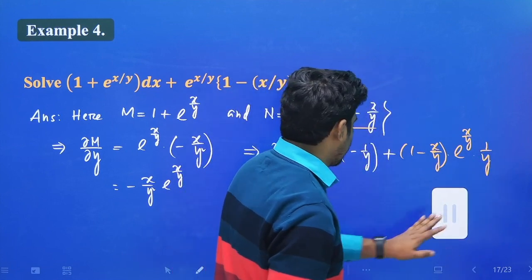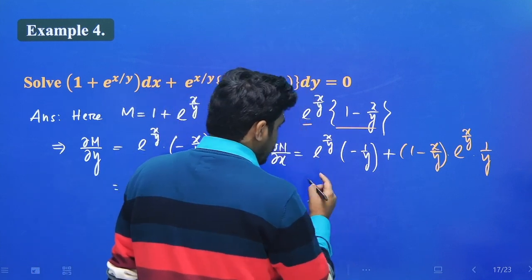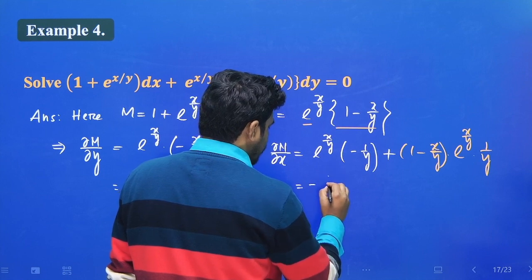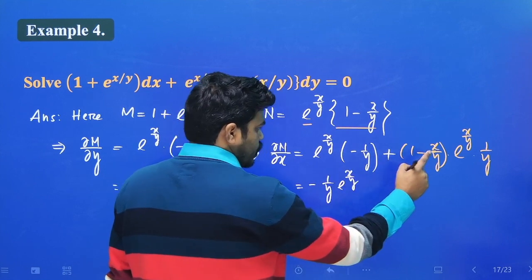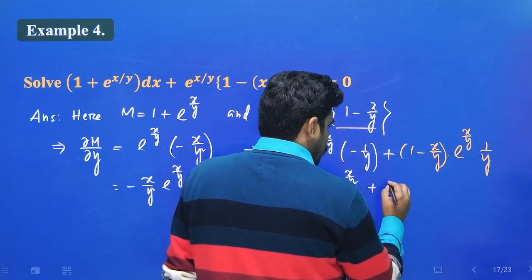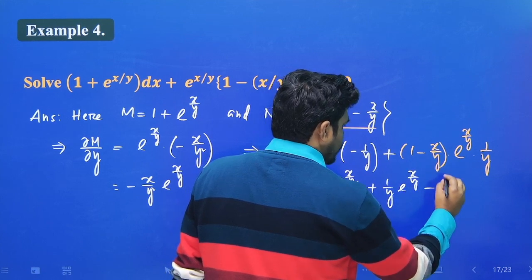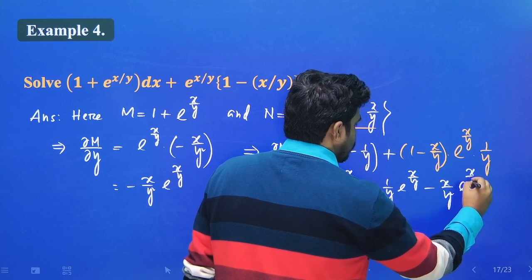Getting my point? Okay, so just simplify this. If we simplify this, that's minus 1 by y e to the power x by y, plus 1 by y e to the power x by y minus x by y square e to the power x by y.